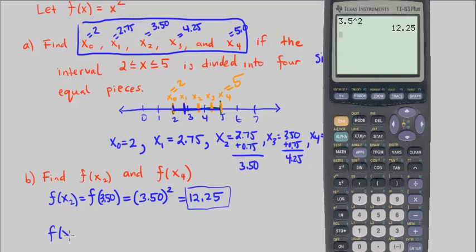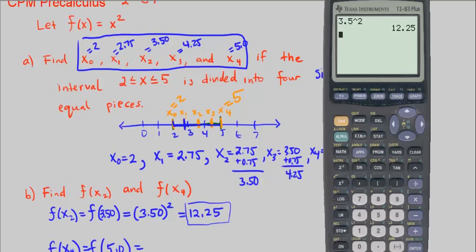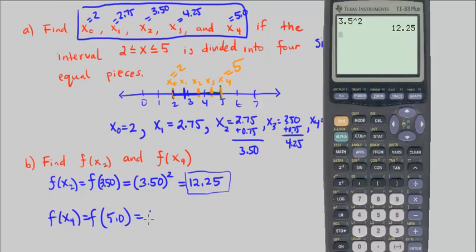What is f of x sub 4? Again, we need to know what x sub 4 is, because we just want to replace it. x sub 4 we know is 5.0. Our function, remember, is f of x equal to x squared. So wherever we see x, we replace it with 5, so now we have 5 squared.